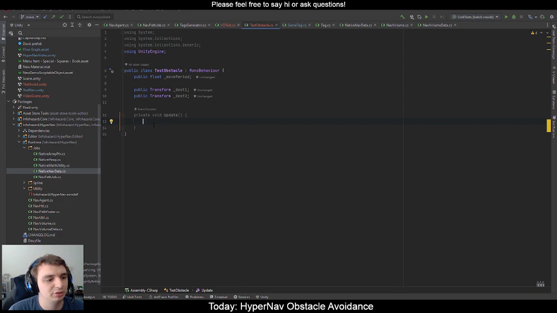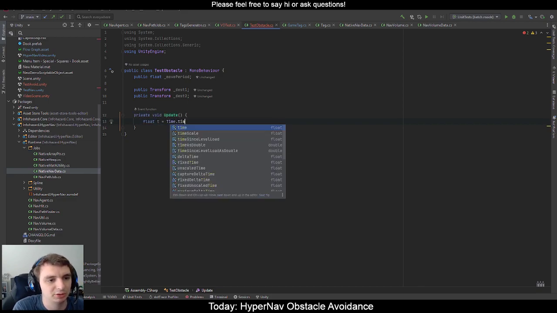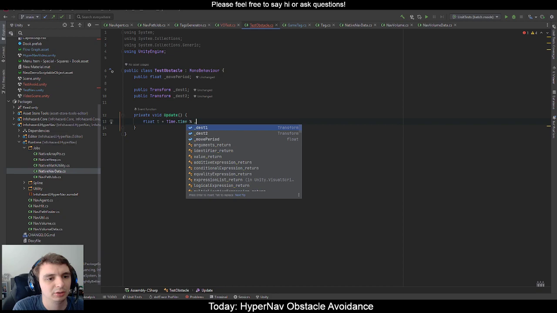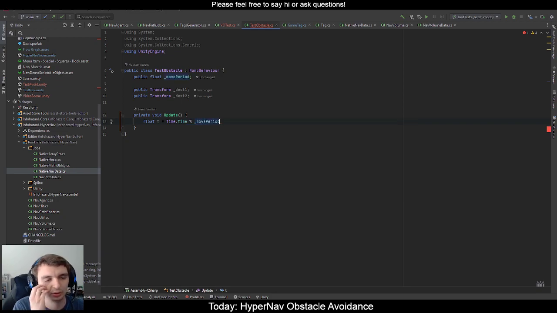So we just need to say, let's see, float t equals Time.time mod move period. And then let's actually do that move period times 2.